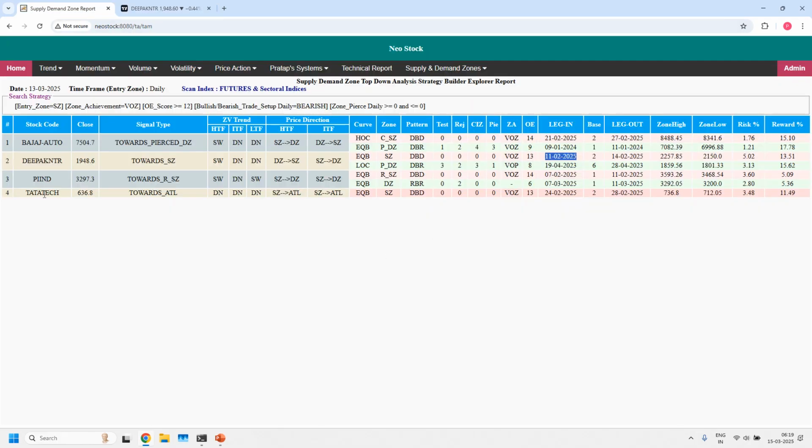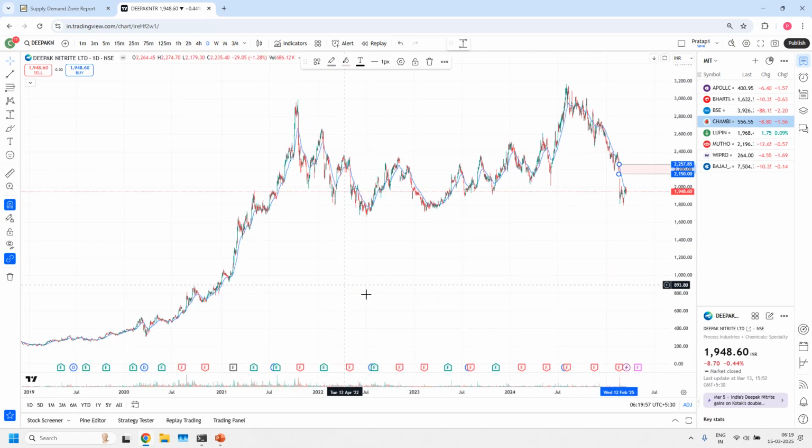And what about the target zone? Here also a pierced zone. This is on 19/4/2023. So somewhere here.